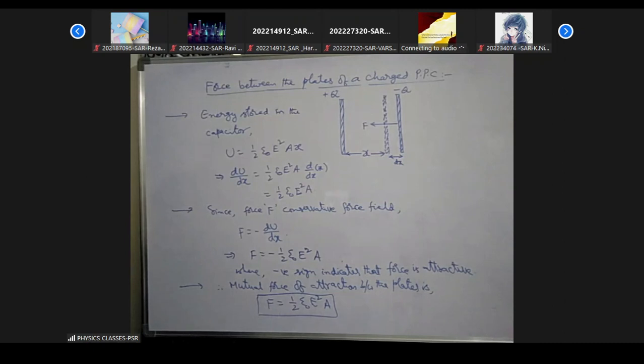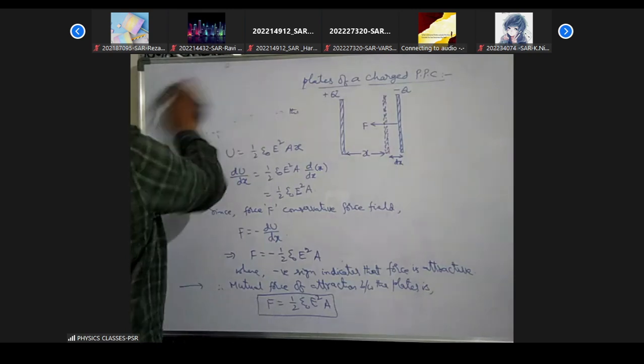That is important. Similarly, without disconnecting the battery, how does the force between the plates change when the distance between the plates changes? These two cases are important. Shall I rub this one? Yes, sir. Okay.